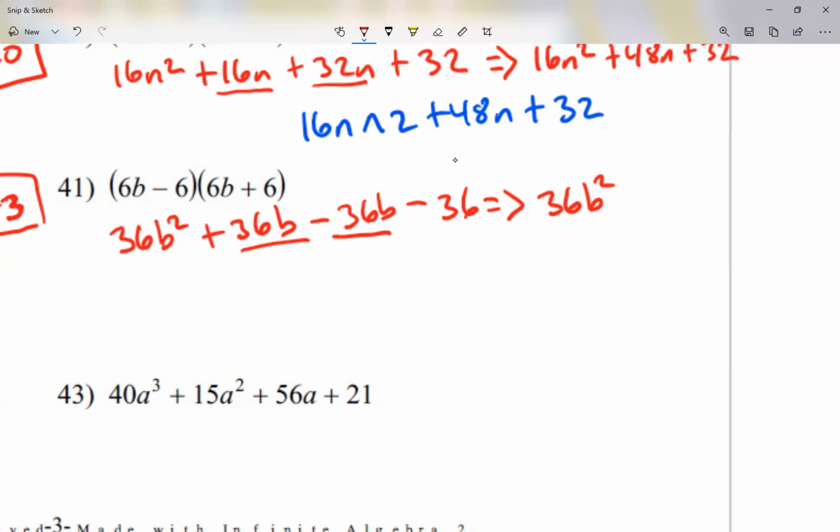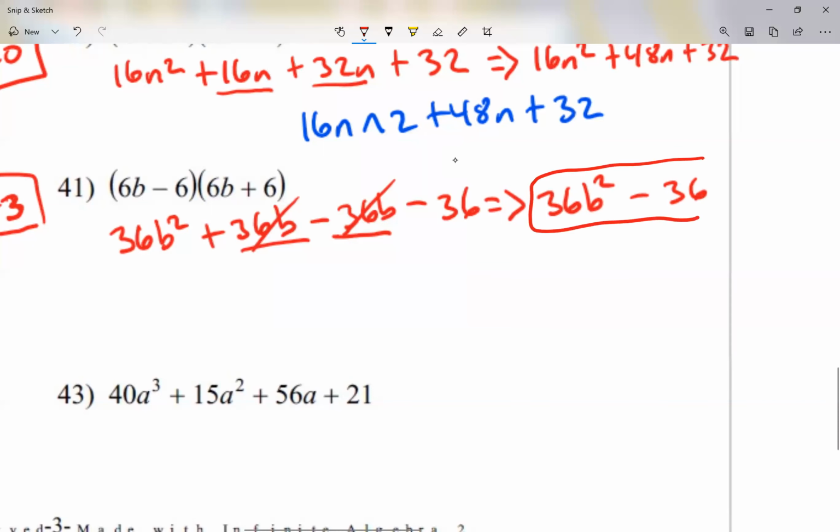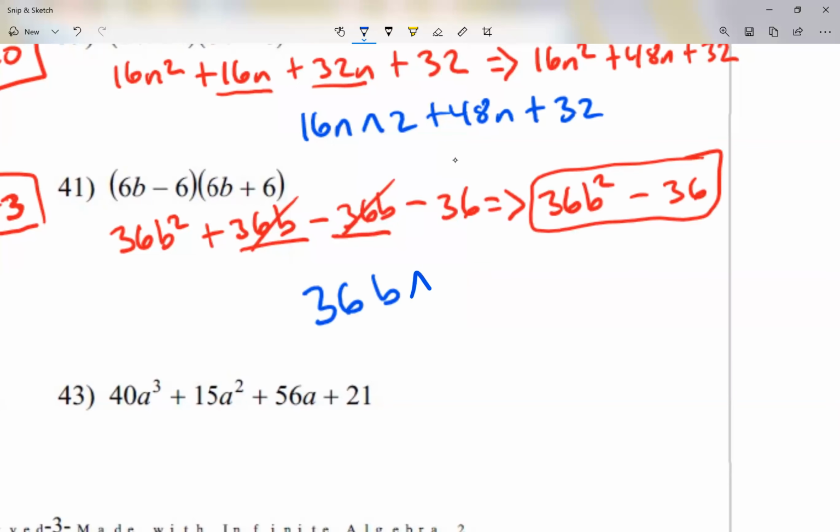Just don't write it out, right? 36b minus 36b is equal to 0, so just cancel them out. We don't write them. And I still have a minus 36. So that's how we would write this. If I'm going to type this, I'm going to go 36b to the second minus 36.